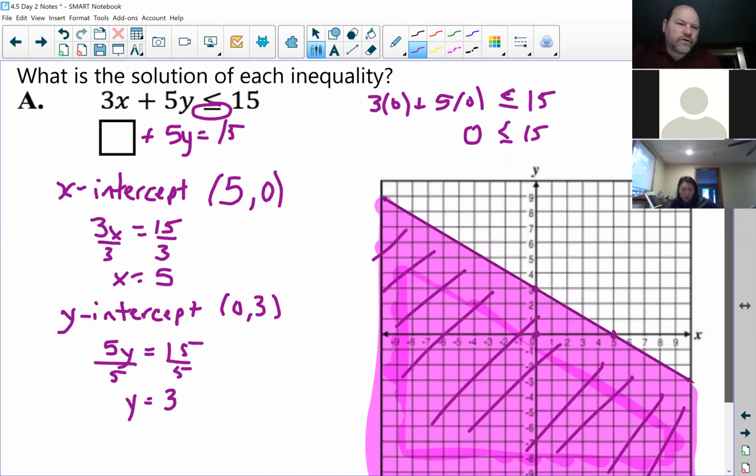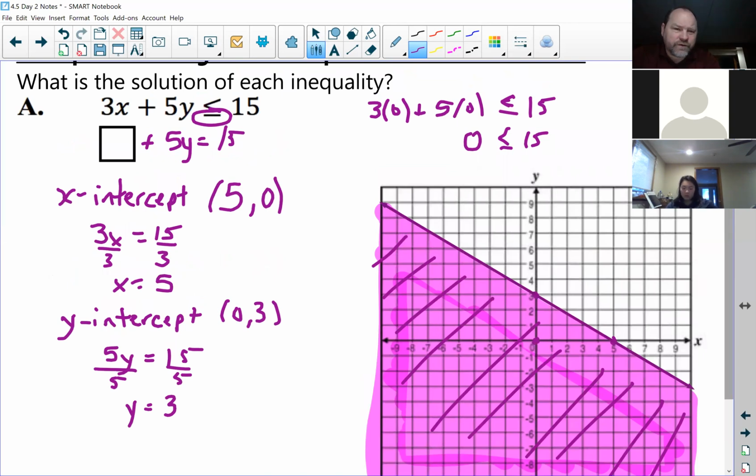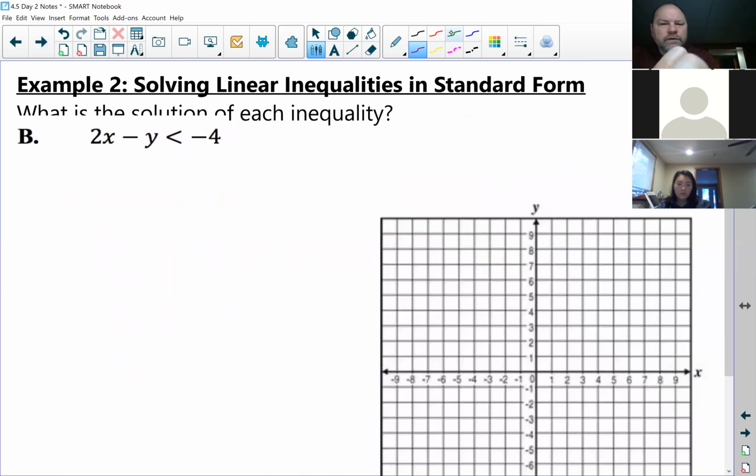I will say for systems of inequalities, which we're going to do on Tuesday, having a couple different colors is always a good idea. All right.